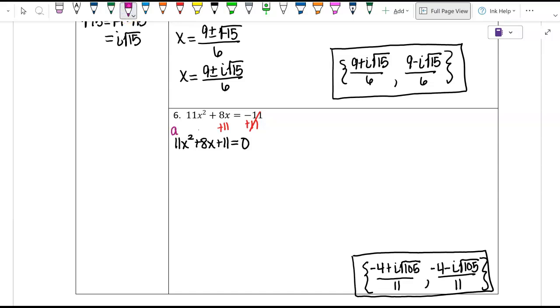So A is 11, B is 8, C is 11. So x equals negative 8 plus or minus the square root of 8 squared minus 4 times 11 times 11, all divided by 2 times 11.